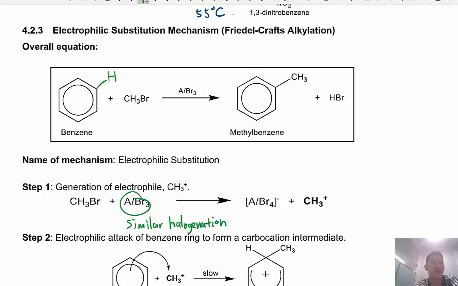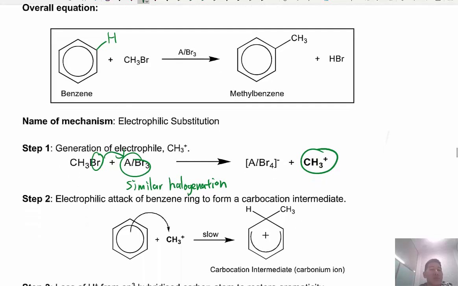So again, the similar thing will happen to generate the electrophile. The Br goes to your AlBr3. Why does it go to AlBr3? Again, the same thing. Empty orbital on aluminum.